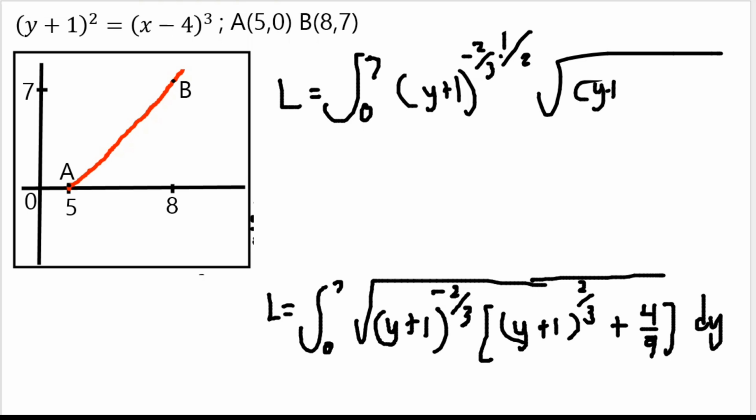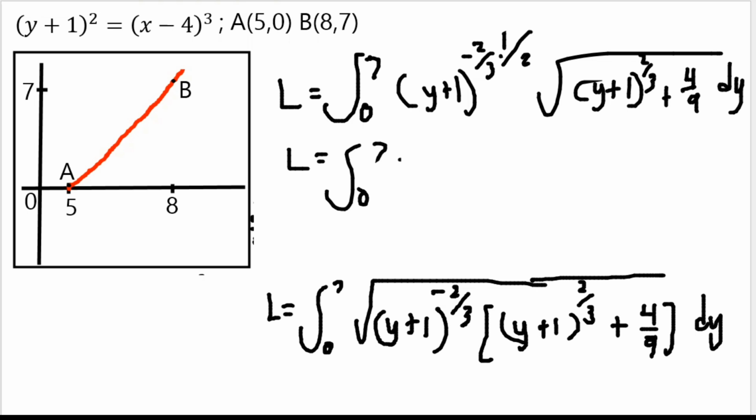I just rewrite the radical sign with 1/2 because they are just the same. Plus 4 over 9 here, and then we got dy. So L, our arc length, is going to be 0 to 7. Then we can just cancel the 2's, so we will have left negative 1/3.